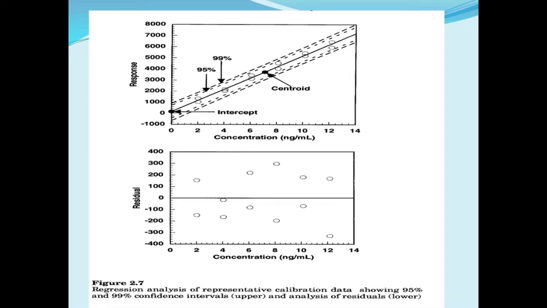This figure also shows the relationship between the measured response and the analyte concentration. The relationship obtained by unweighted least squares linear regression analysis must pass through the centroid x bar, y bar, and the intercept b.